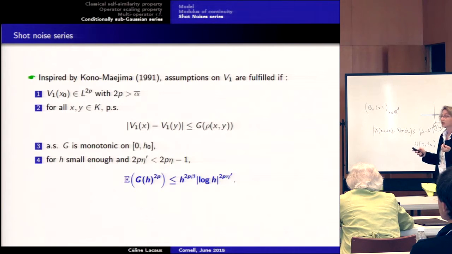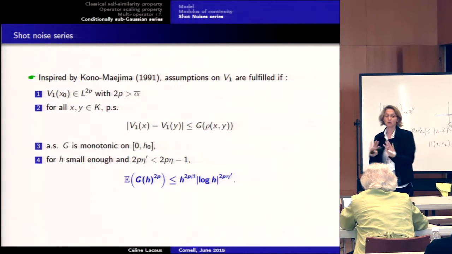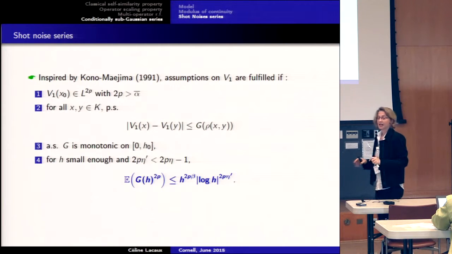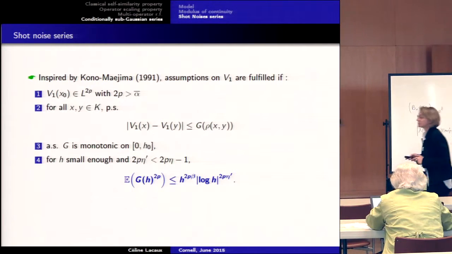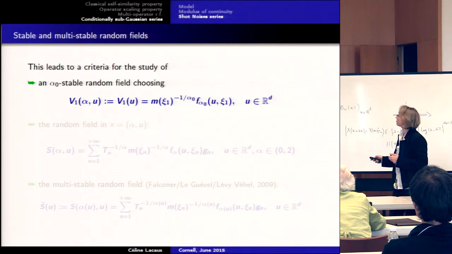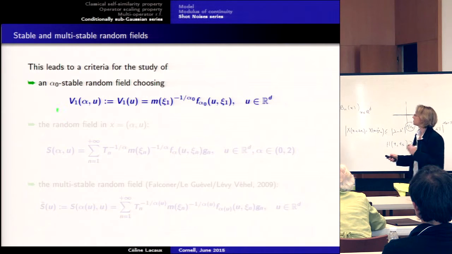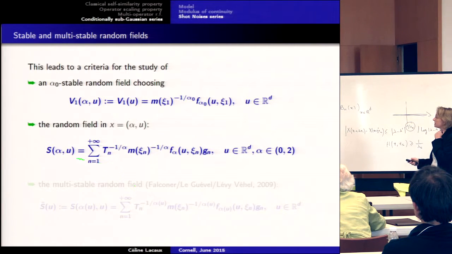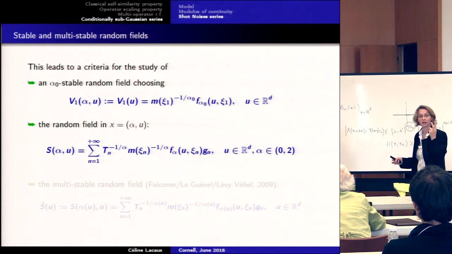What is nice is that at the beginning our question was, I would like to give a criterion to study alpha stable random processes. And in fact, in the framework I just presented, it is more general than just stable processes. So of course I have alpha stable processes choosing V1 equal to this. But I can also study the process in alpha and mu as a process of two variables, alpha and mu.